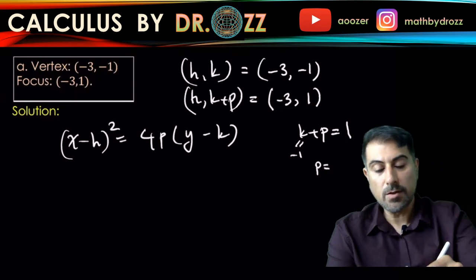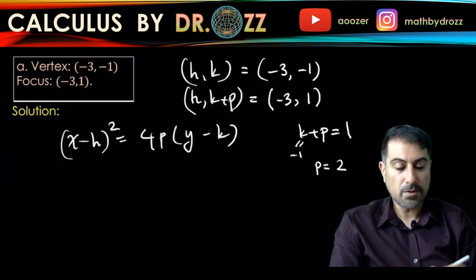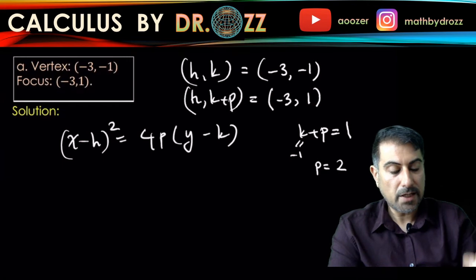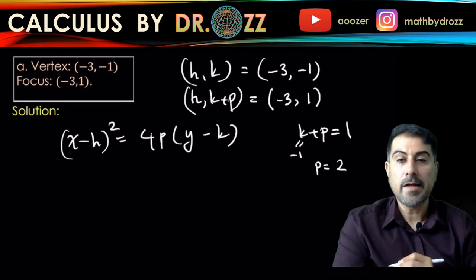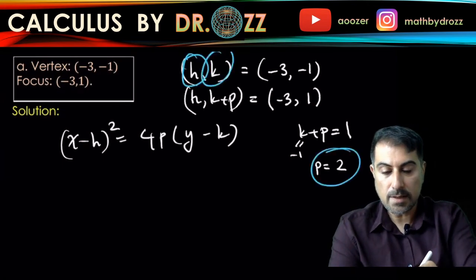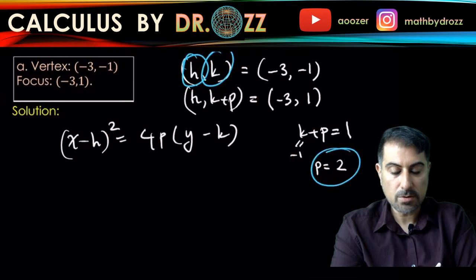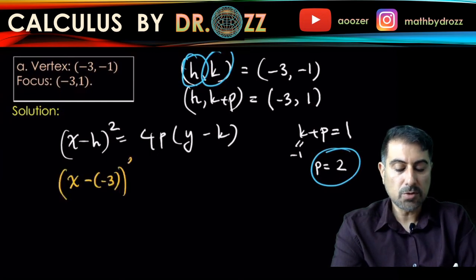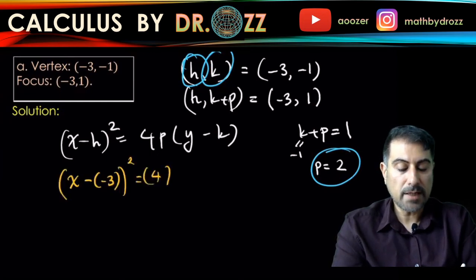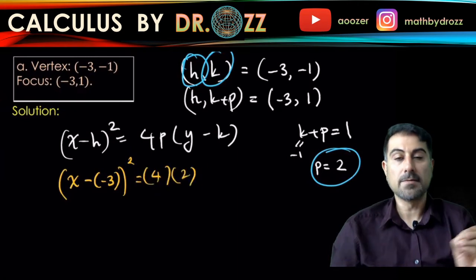So I can go ahead and plug everything back in because I know h, I know k, I know p. So (x minus h) squared equals 4 times 2 times (y minus k), y minus -1.